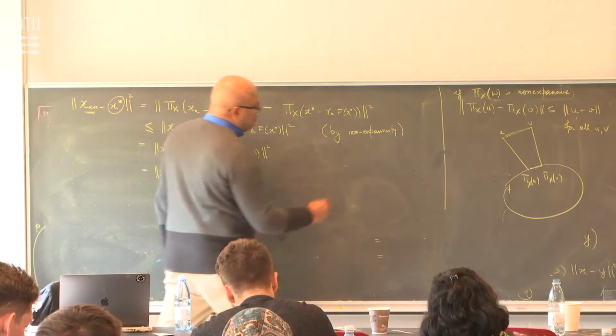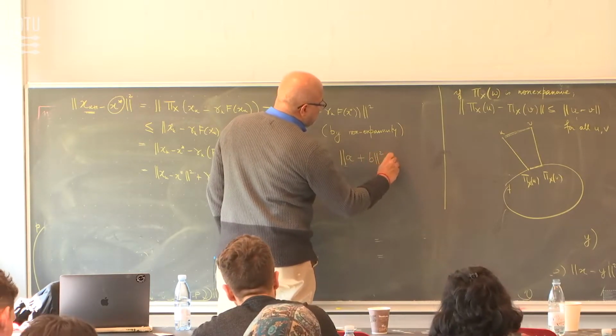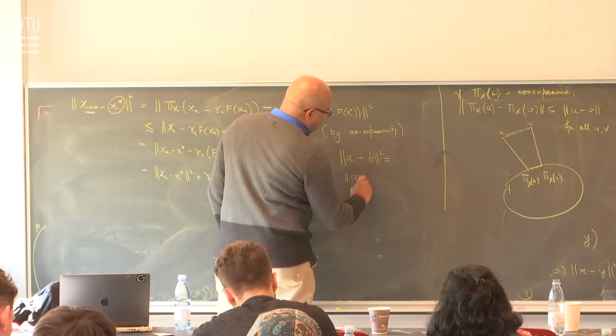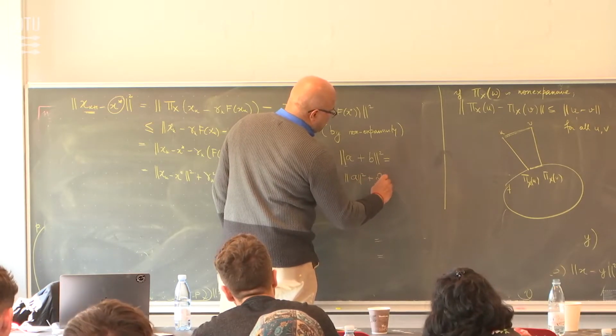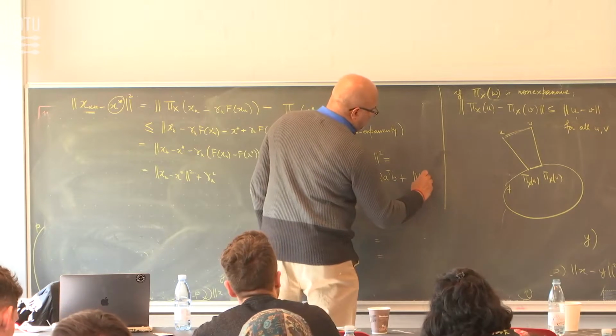Now I just open this out: norm a plus b squared is norm a squared plus twice a transpose b plus norm b squared.